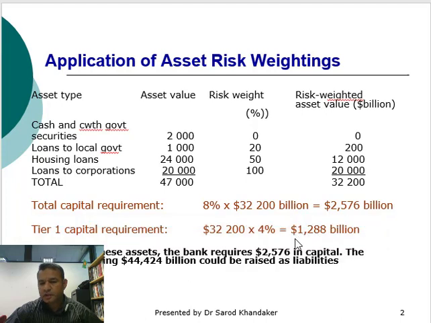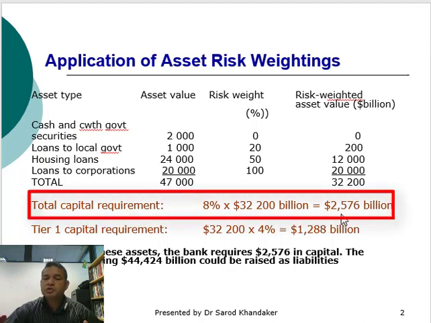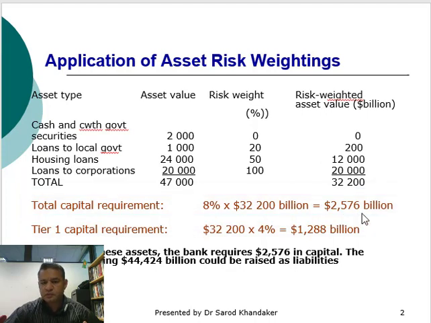So 4%, the tier 1 capital requirement, should be 1,288, and the total capital requirement would be 8% of this amount, which is $32,200, so which is $2,576.